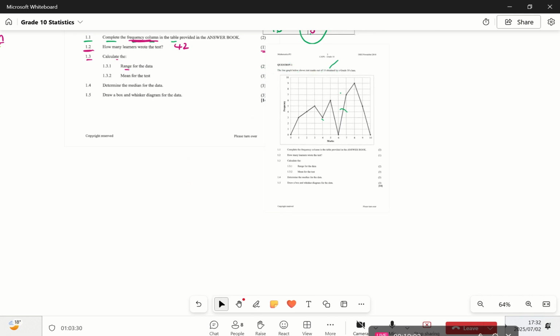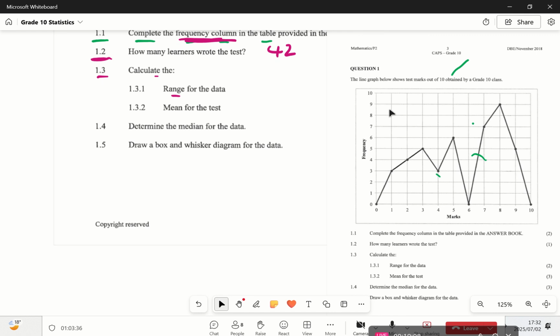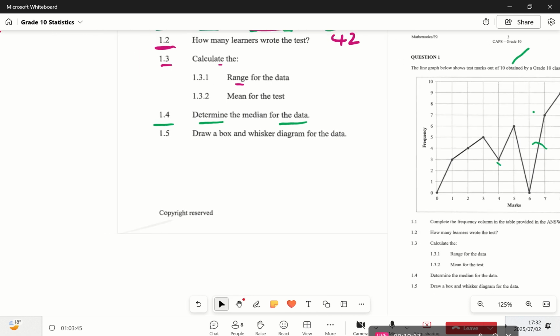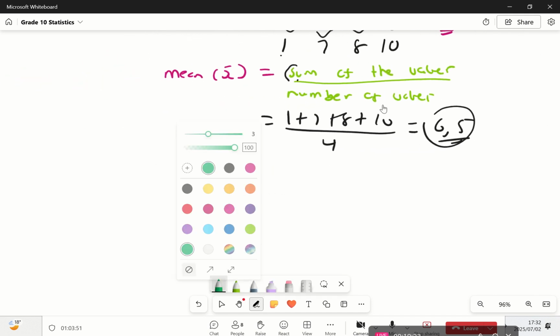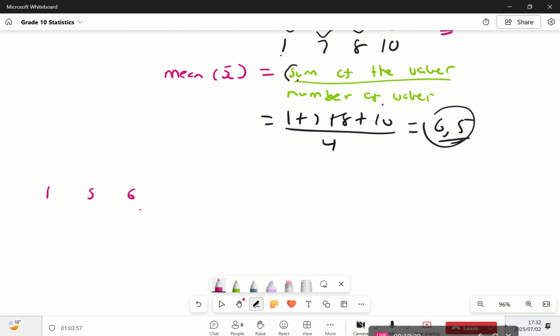Okay, sharp. Move to the next question. What does it say? It says 1.4: Determine the median for the data. This is very interesting. What you're used to is this: you get a data set like this. 1, maybe 5, 6, 8, maybe 2, 18, 11.